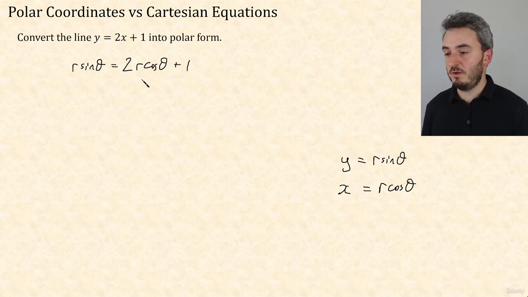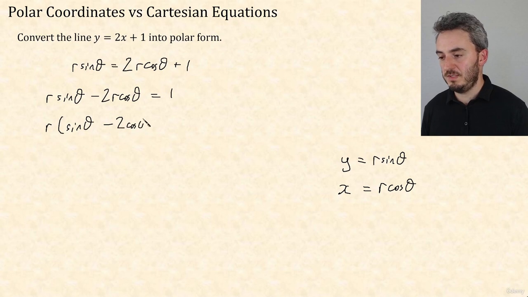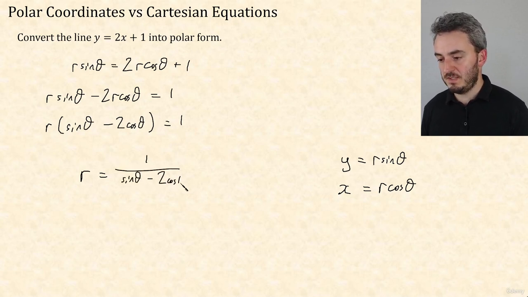And we want to get r on its own, so let's bring all r's to one side. r sine theta minus 2r cos theta. Factorise out the r, leaving us with r times sine theta minus 2 cos theta equals 1. And now we have our polar equation, r equals 1 over sine theta minus 2 cos theta.